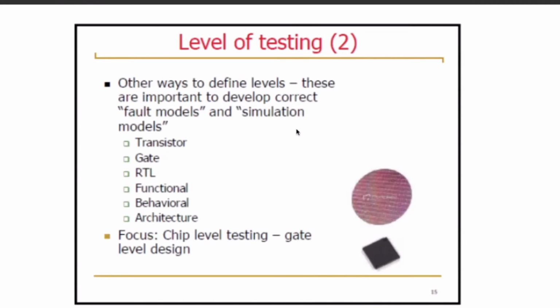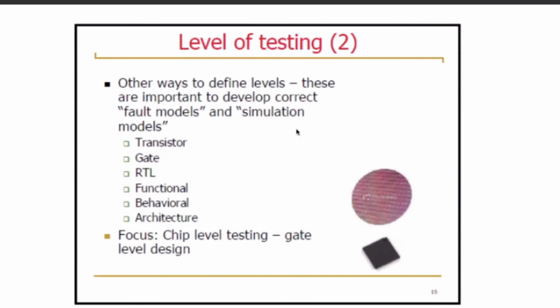So basically, you can see and refer to different levels. Here we have mentioned transistor level, gate level, RTL level, functional level, behavioral level, architecture level, and different levels. You have different kinds of fault models. In transistor level you can analyze delays, that is, in how much time it is giving the response.